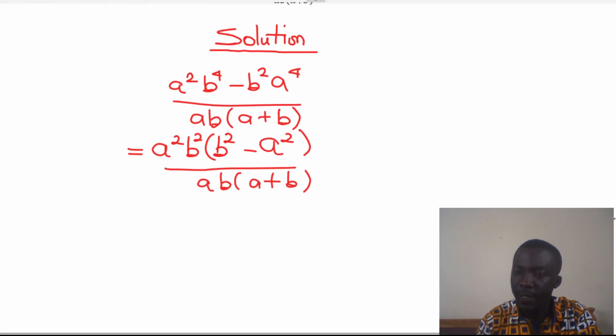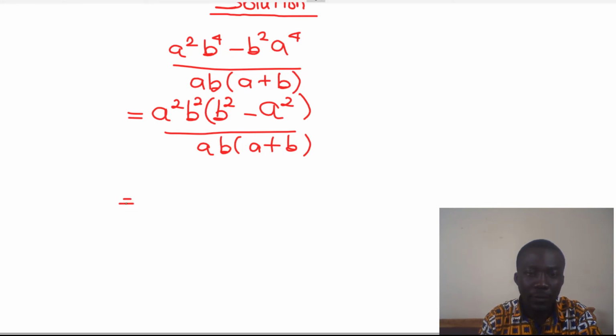We can continue by factorizing the content of the bracket at the numerator, which is a difference of two squares, b square minus a square.